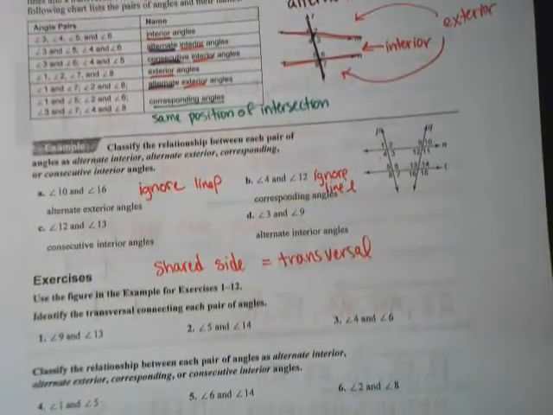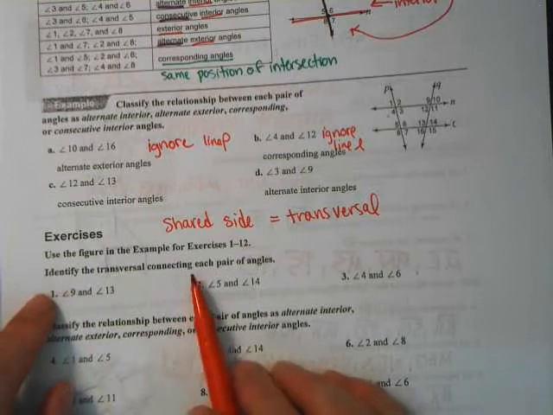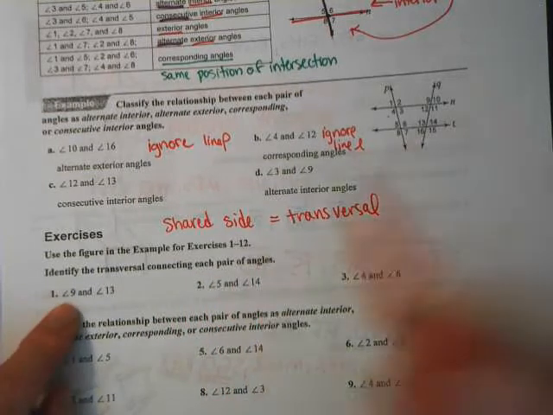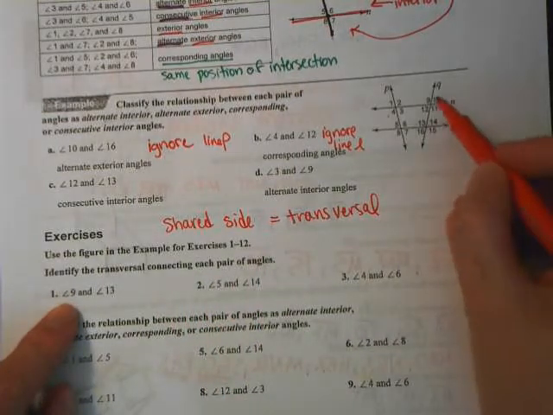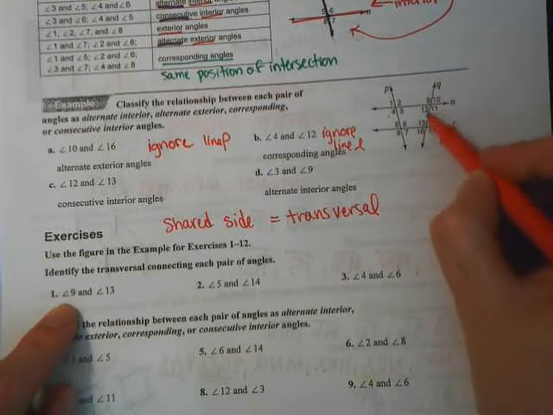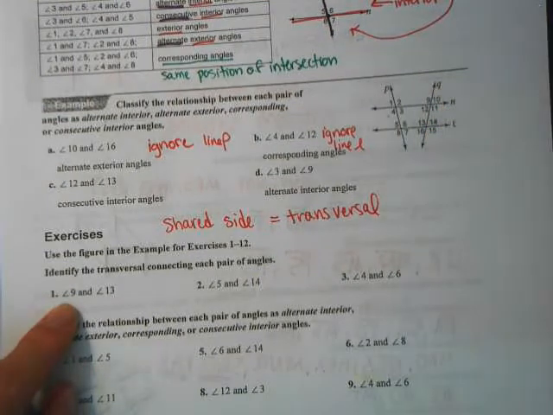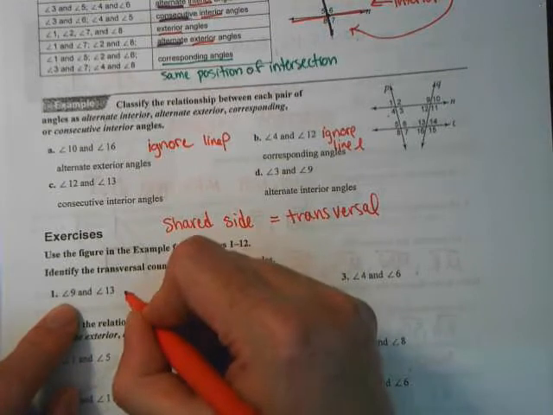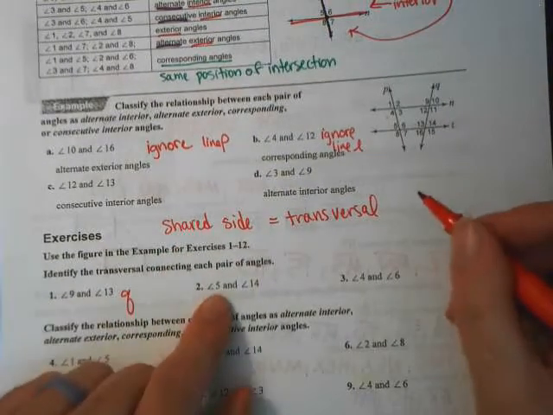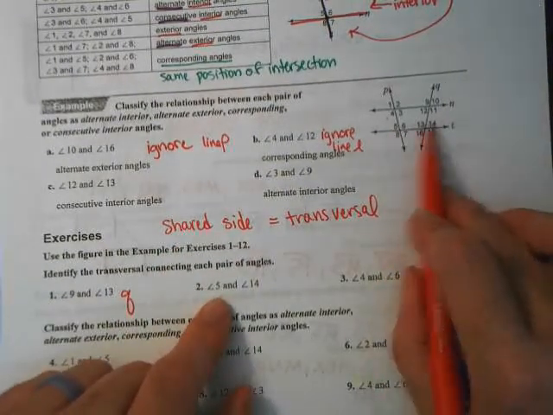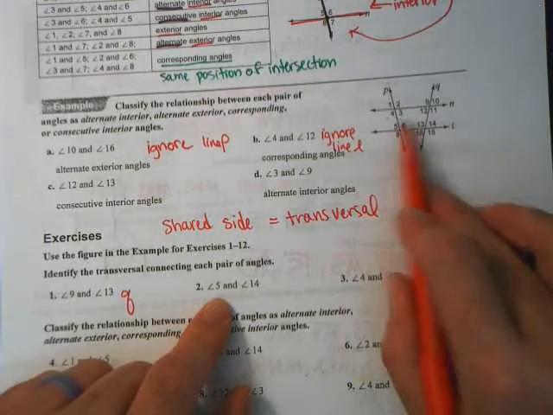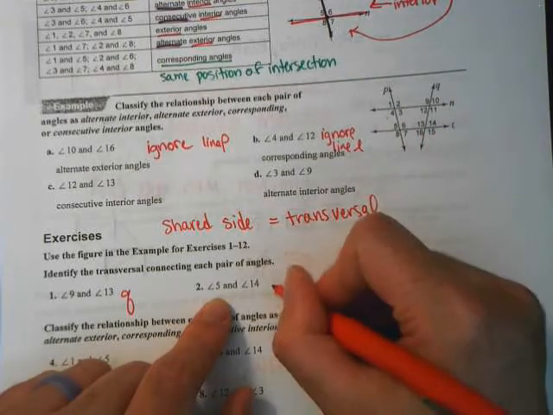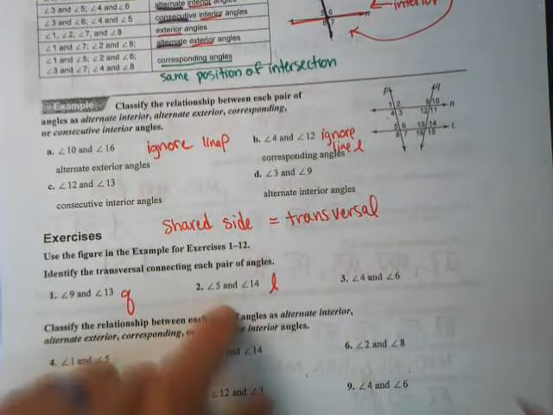So let's get down and talk about that. Identify the transversal connecting the pair of angles. So 9 and 13. 9 and 13 share, and again, you can say them both, and whichever one you say twice, that's it, right? So that's Q. 5 and 14, so 5 is L and P, 14 is L and Q. Okay, line L. Go ahead.